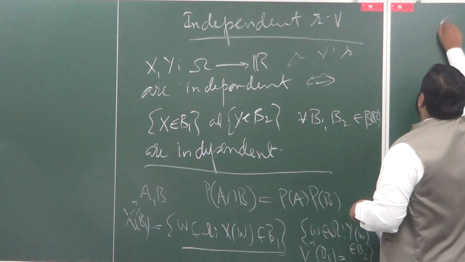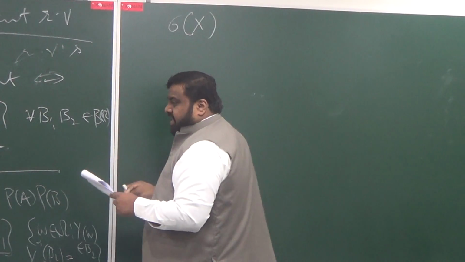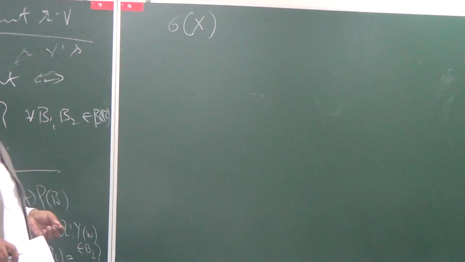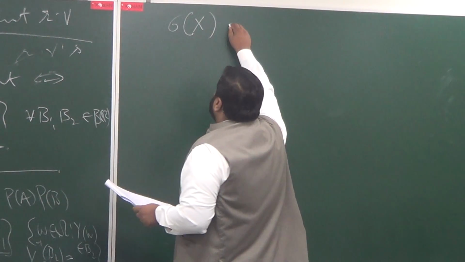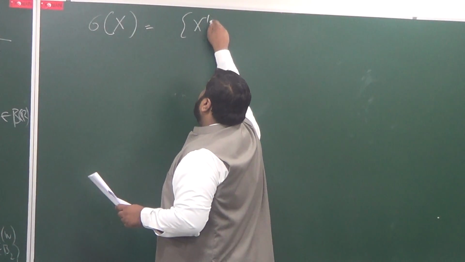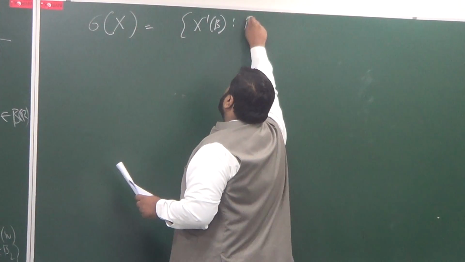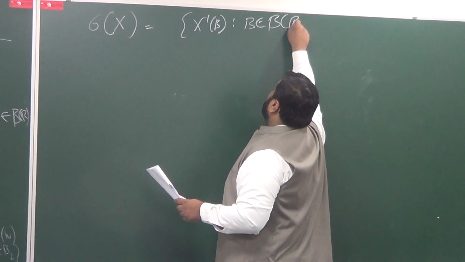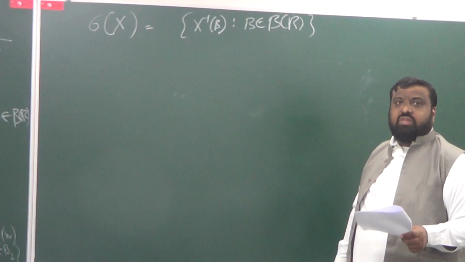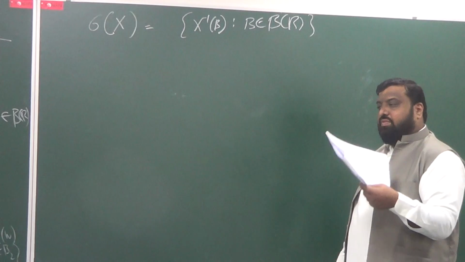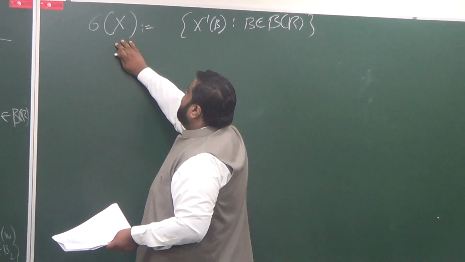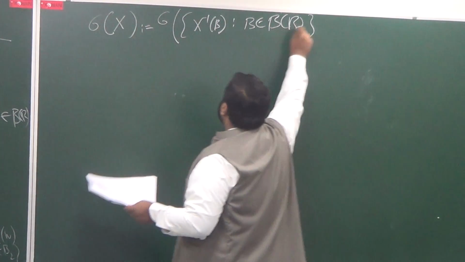Then we also defined what we mean by a sigma field generated by a random variable X. In order to define it, consider the collection of all inverse images of the Borel sets under X. Then by the sigma field generated by X, I mean the sigma field generated by this collection.